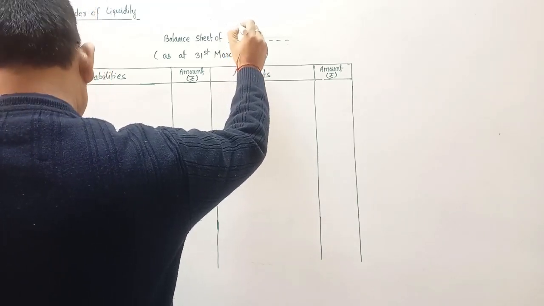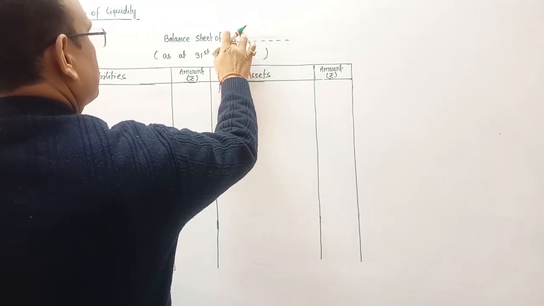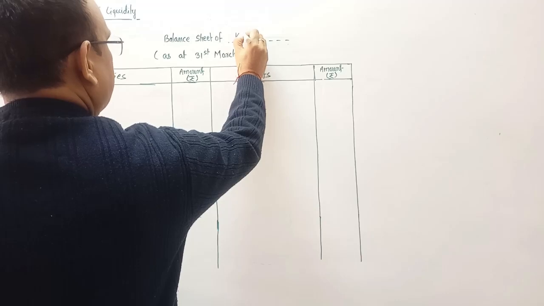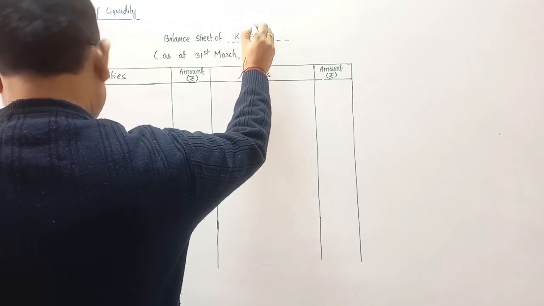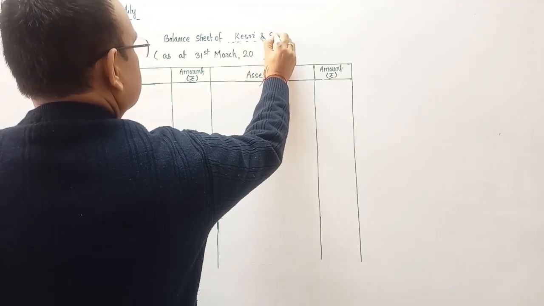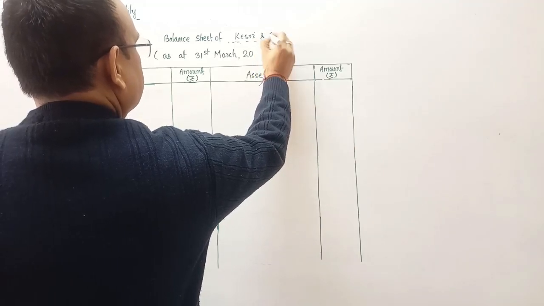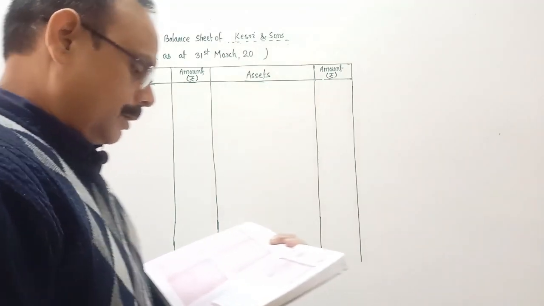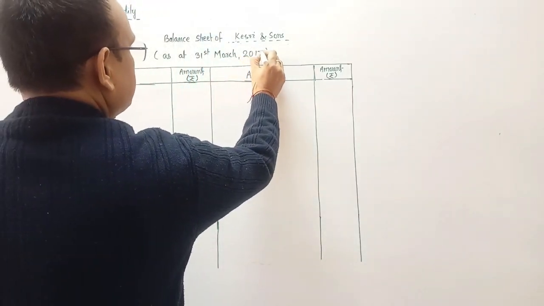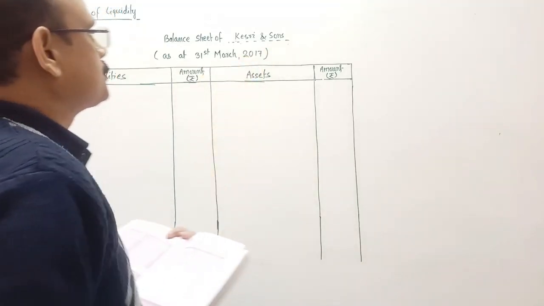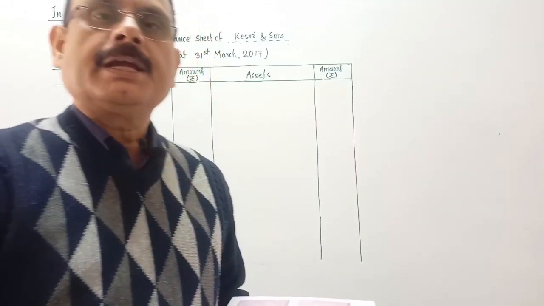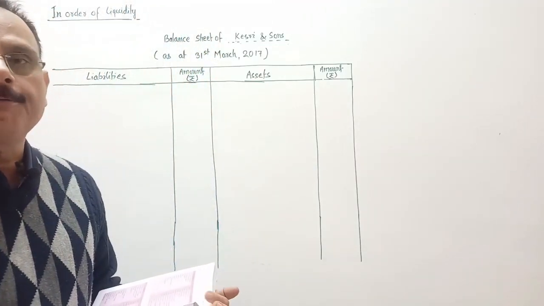Company name is Kesri and Sons, so you have to write the name of the company. Balance sheet of Kesri and Sons as at 31st March 2017, from the following information, in order of liquidity.